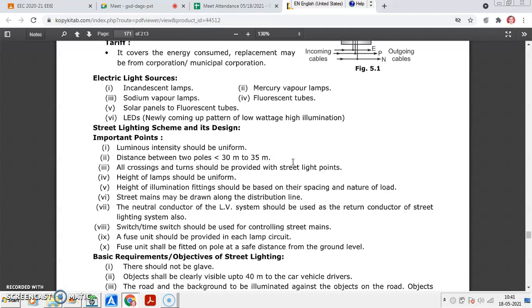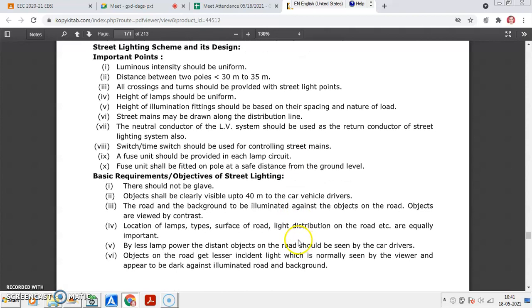Okay, then the basic requirement as far as street lighting is concerned: there should not be glare, what I told you, that means dark spots. There should not be dark spots; uniform illumination must be there.